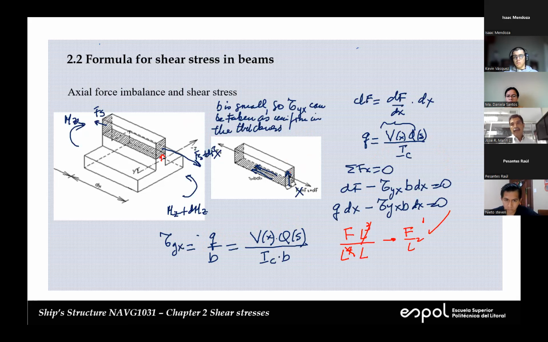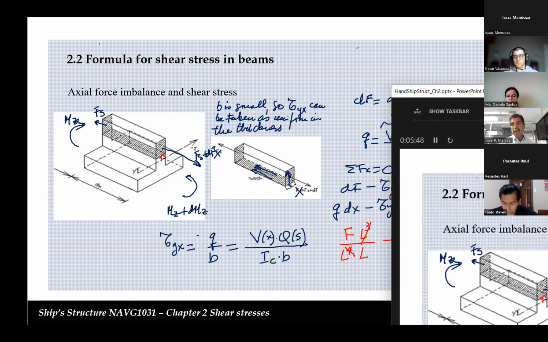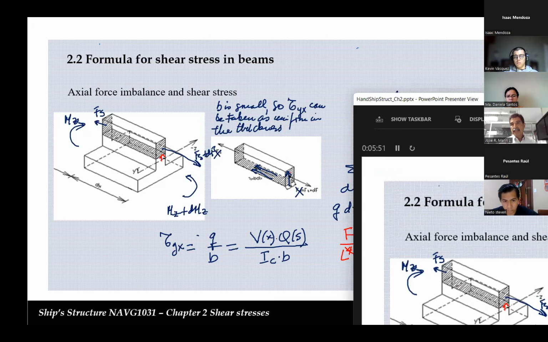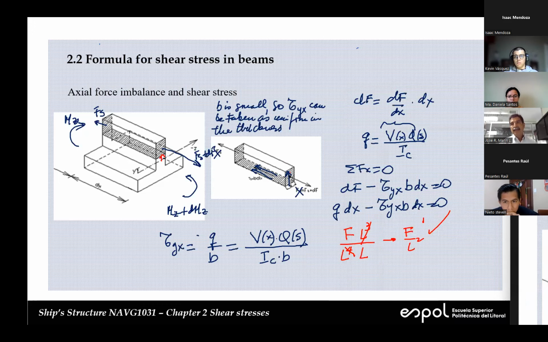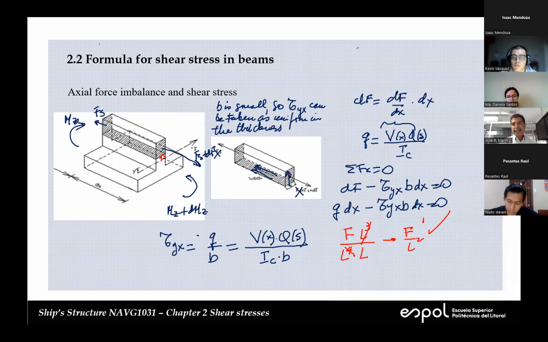If you have a certain segment or sector of the beam, any segment has to be in equilibrium. That's the main thing that we have to keep in mind. Every time we analyze any piece of the beam, that piece has to be in equilibrium, okay?